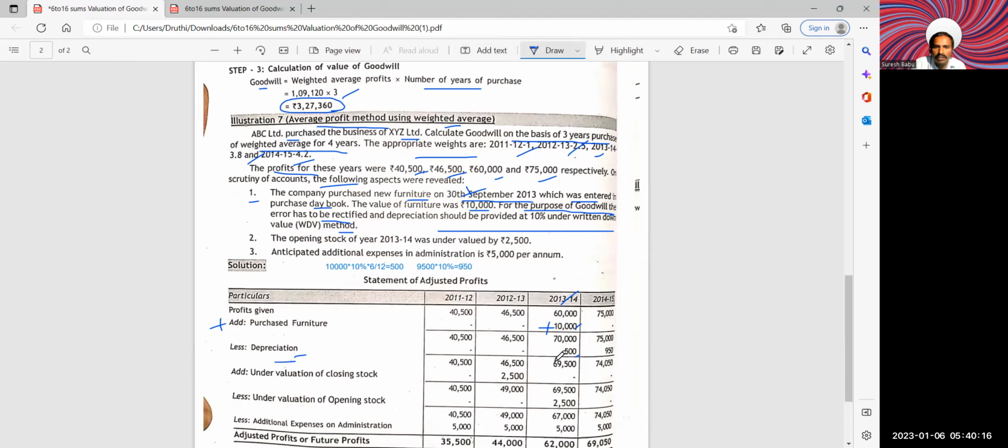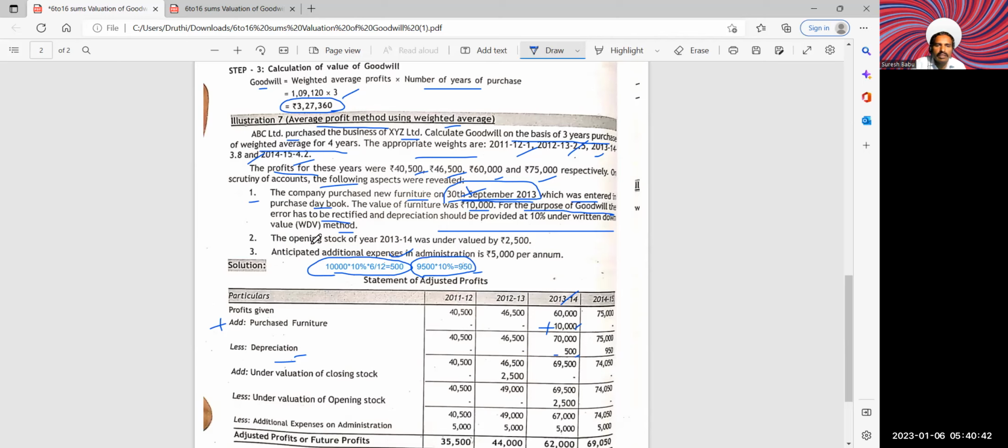Depreciation 2013-14 is 500 rupees, for 6 months, that is 6 by 12 of one year's depreciation. Why 6 months? Because the date they have mentioned is 30th September 2013, when this entry was made. The correction has been done.